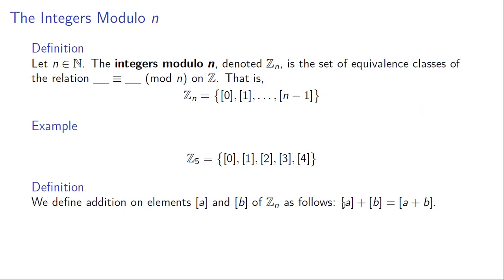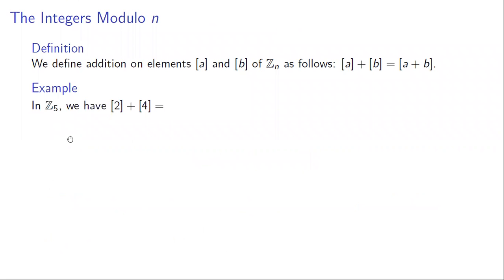The equivalence class of A plus the equivalence class of B is equal to the equivalence class of A plus B. For example, let's use Z sub 5. We have the equivalence class of 1, and we have the equivalence class of 3. Let's add them. Following our definition of addition, it's the equivalence class of 1 plus 3, in other words, the equivalence class of 4.